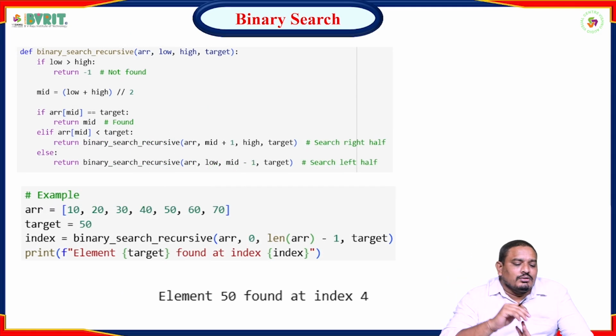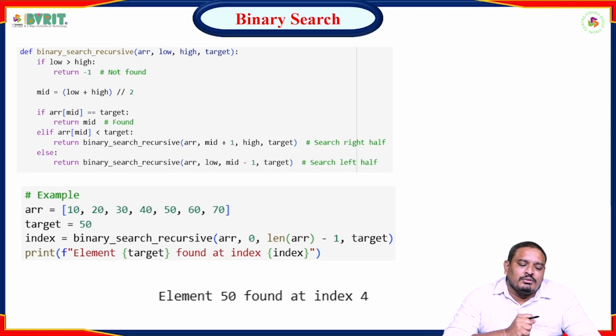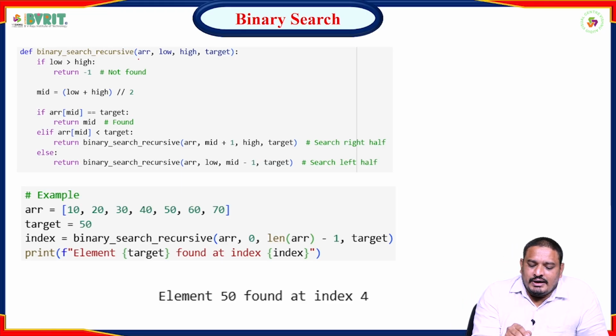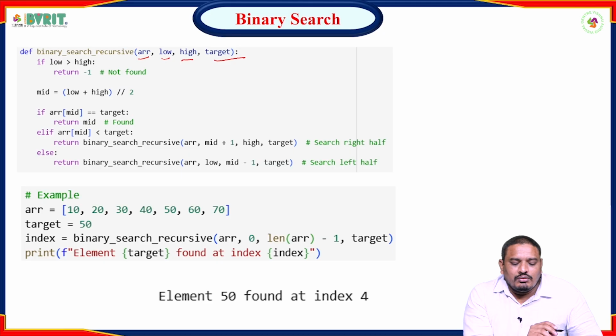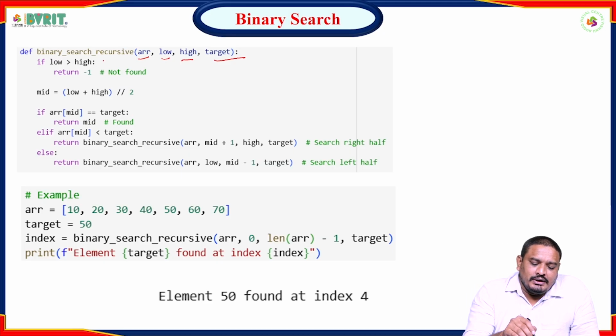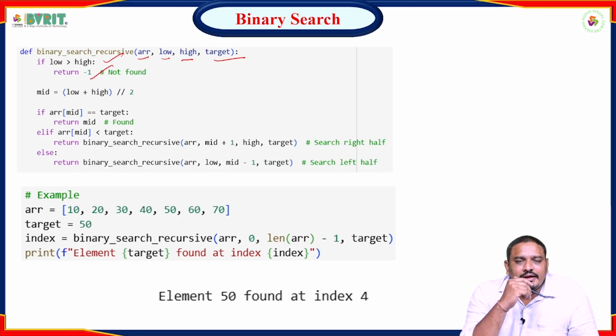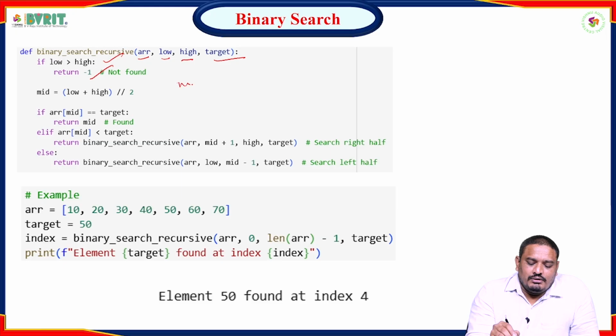Now, how to use binary search in a recursive method. The recursive method takes the array elements, low, high, and target. If low is greater than high, return -1. Next, we find the mid value: mid equals low plus high by 2.